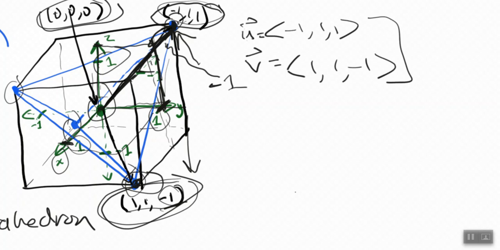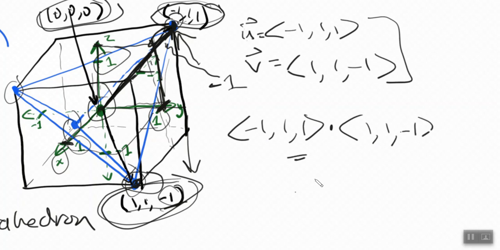Now we have to find the angle between them. So how do we find the angle between them? Well, we simply do some math, and this is the angle formula we learned. So negative 1, 1, 1, dot product with 1, 1, negative 1, is equal to the norm.